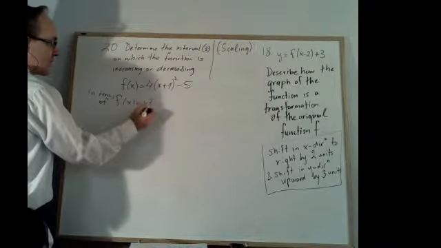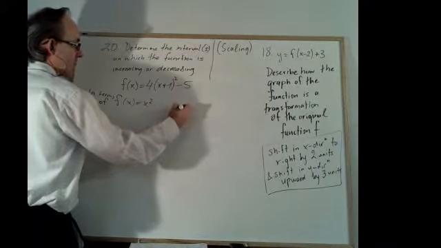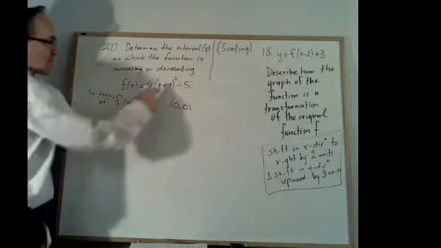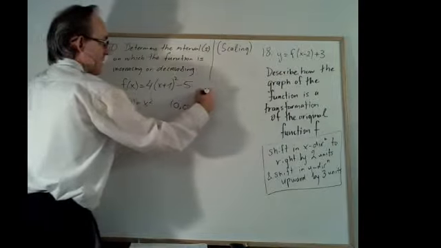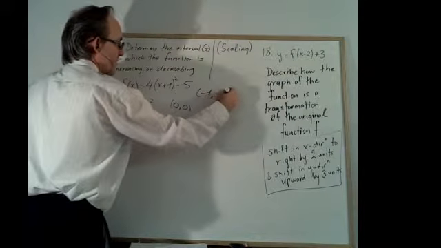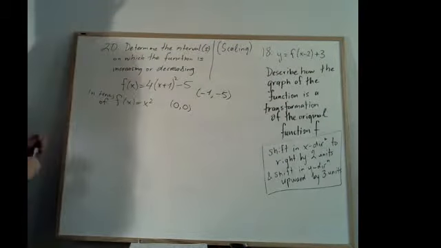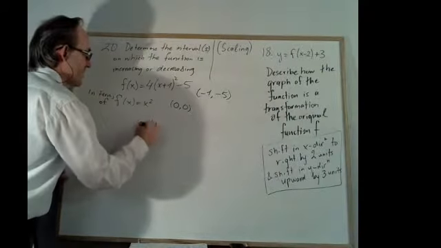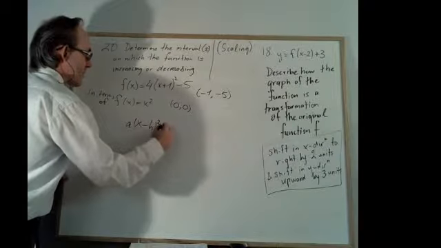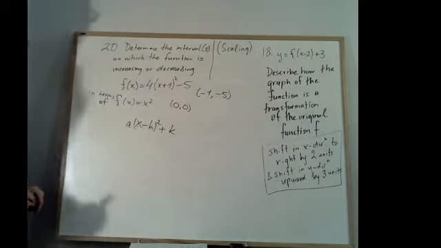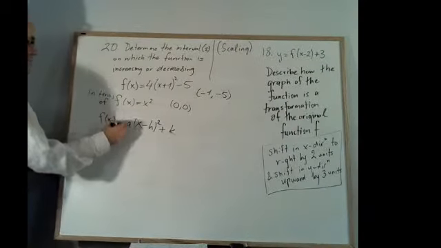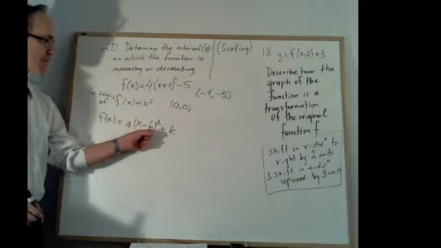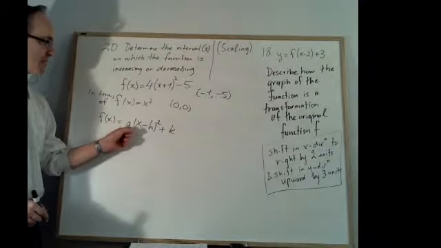And so the origin, okay, this is where the vertex is for this function. Here the vertex is going to be -1, -5. And remember I could write it like this as well. This is my general function, and remember we saw before that this h and k, that's the vertex of the parabola. And the a was some scaling factor.